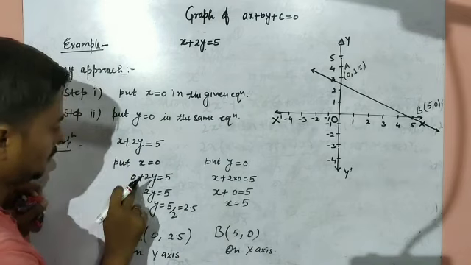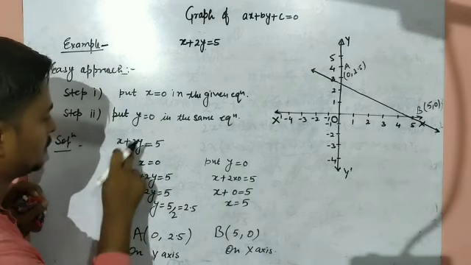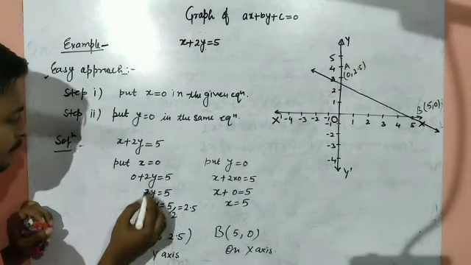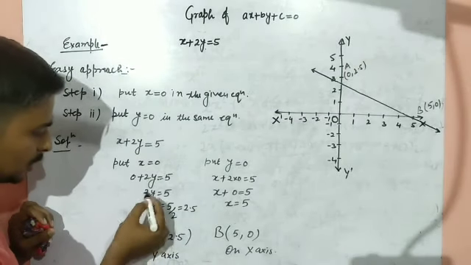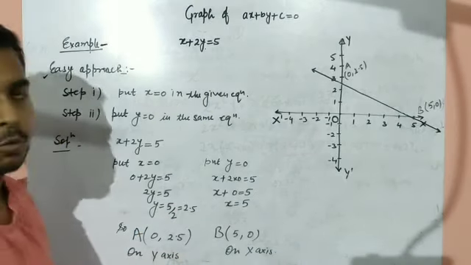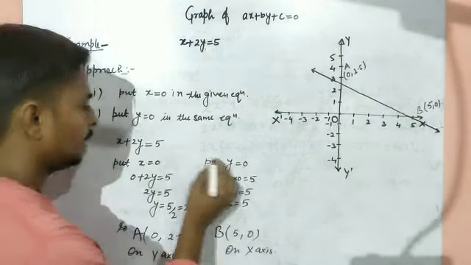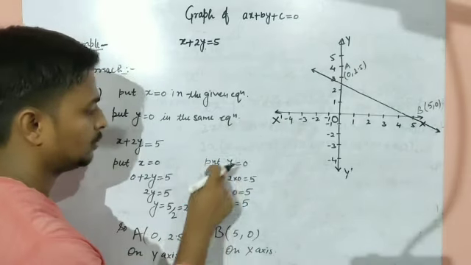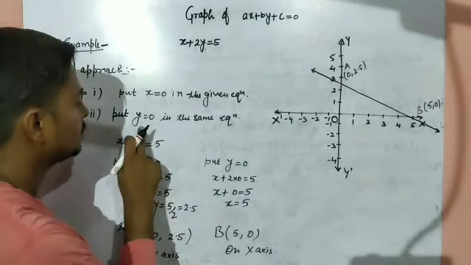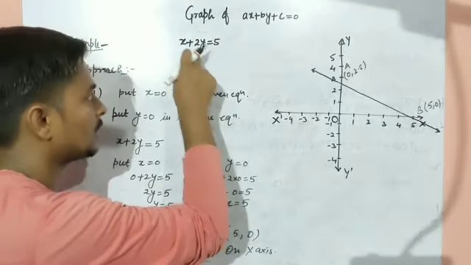By putting x = 0, it becomes 0 + 2 times y = 5. So this will be 2y = 5, and transposing the 2, y = 5/2, which can be written as 2.5. Again, in the second step we will put y = 0 in the same equation.